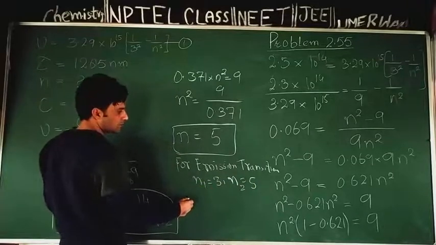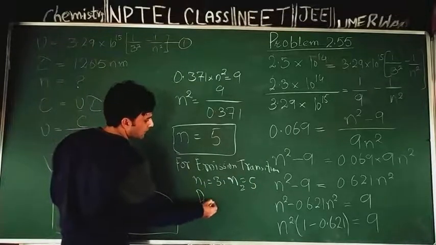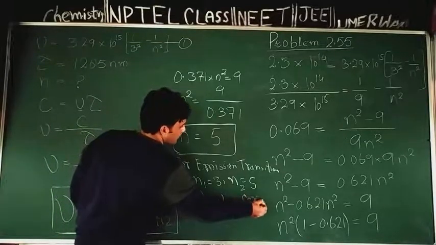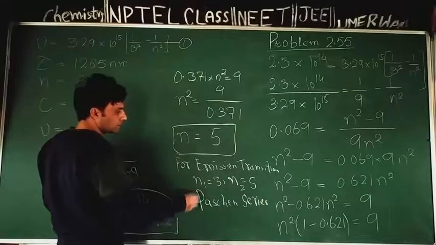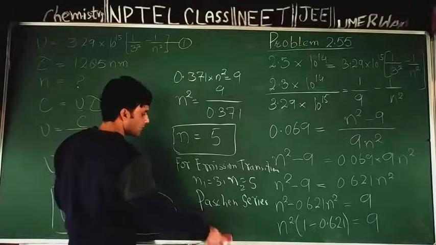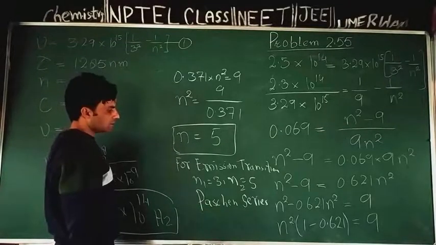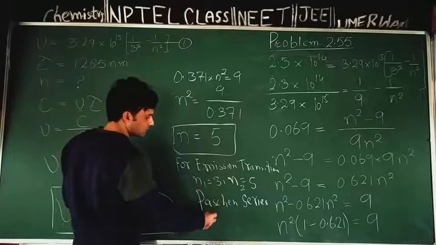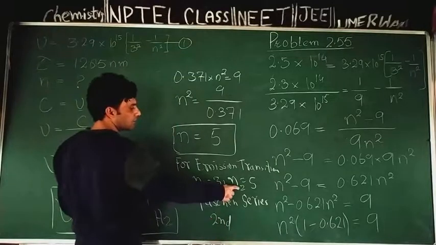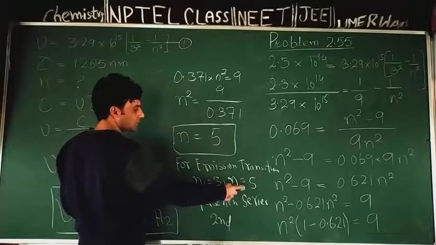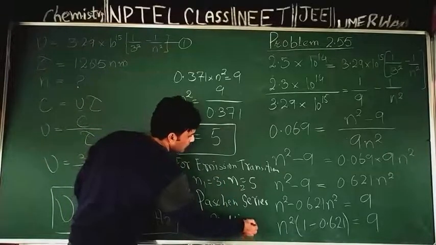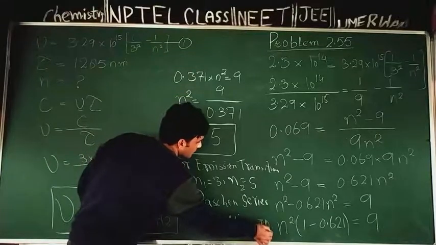Since lower energy orbit is 3, it lies in Paschen series, and will lie in infrared region. In the spectrum it will be second line in Paschen series. For first line N2 will be 4, N1 will be 3, and for second line N2 is 5, N1 is 3. Second line will lie in IR region, infrared region.